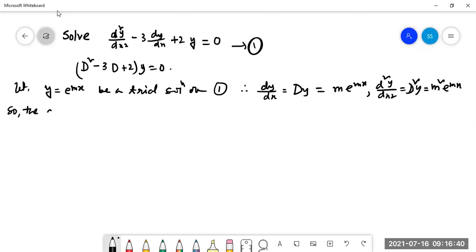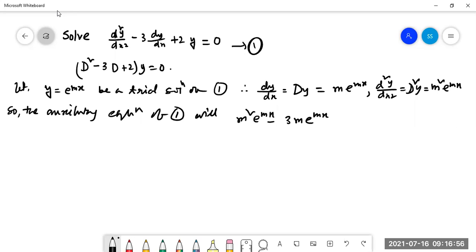So the auxiliary equation of 1 will be m² e^(mx) minus 3m e^(mx) plus 2 e^(mx) is equal to 0.